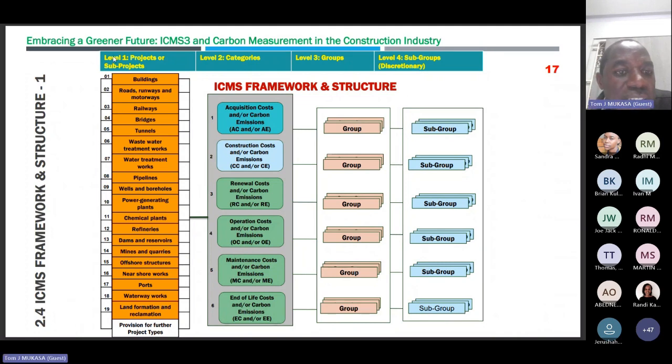So they are all defined in this framework under projects and sub-projects. Then under categories, these are the stages of construction, from acquisition to construction to renewal to operation. So this is like whole life cycle accounting. So they have called them categories. And there you are doing both costs and carbon emissions.